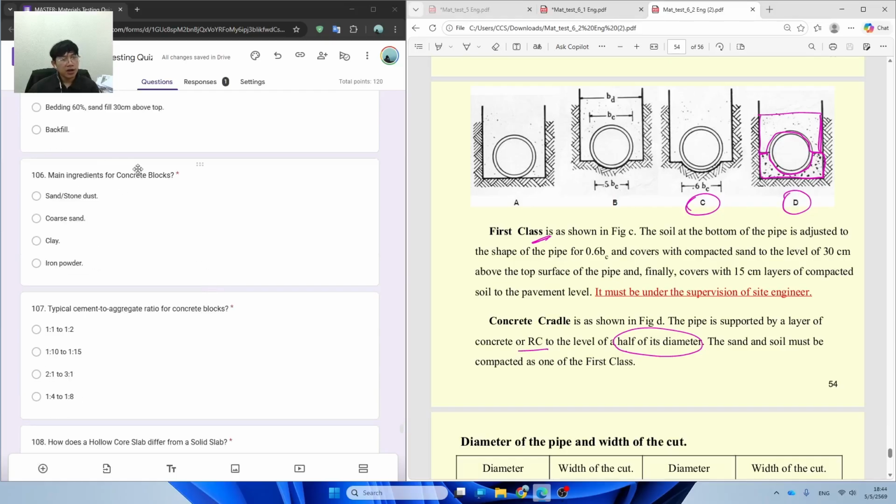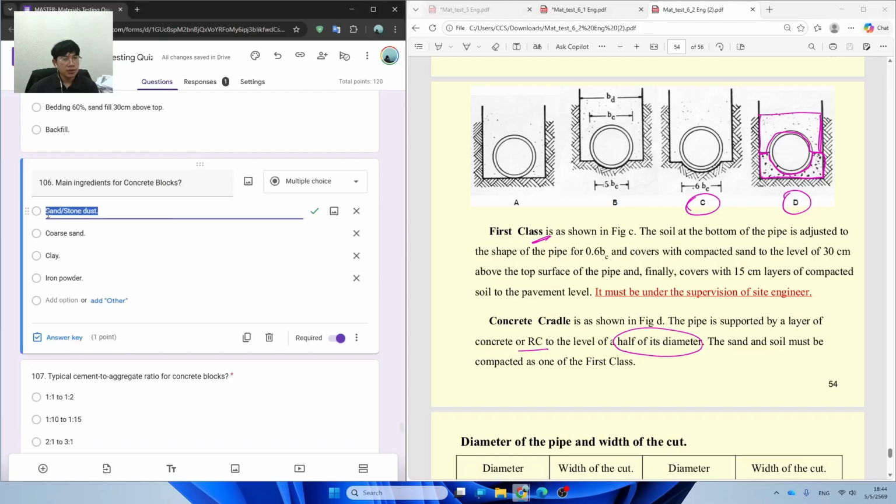And the main ingredient of the concrete block is going to be concrete. This is going to be cement plus water plus crushed fine stone.